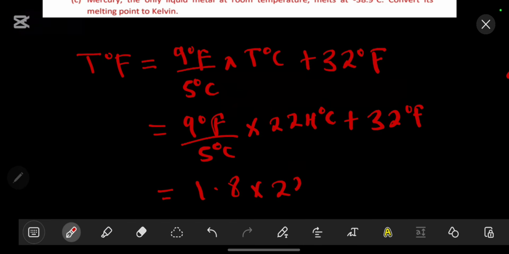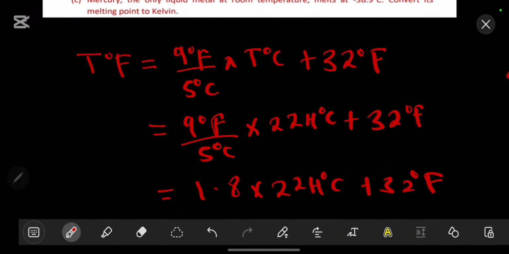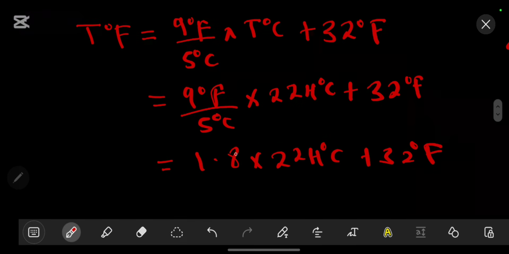We multiply it by 224 degrees Celsius plus 32 degrees Fahrenheit. This Celsius goes, so we are going to remain with Fahrenheit.